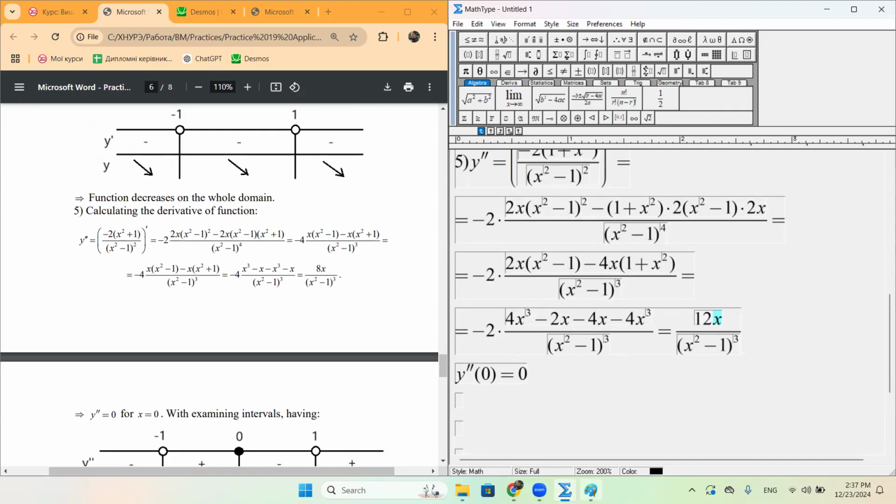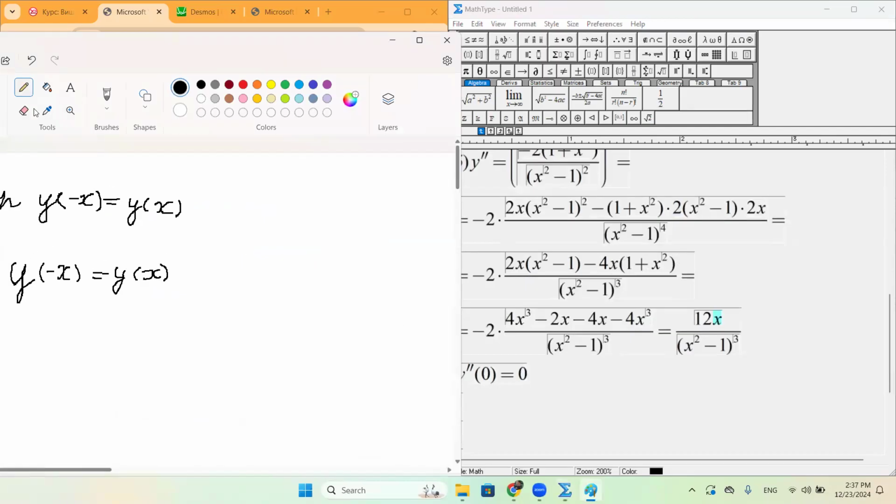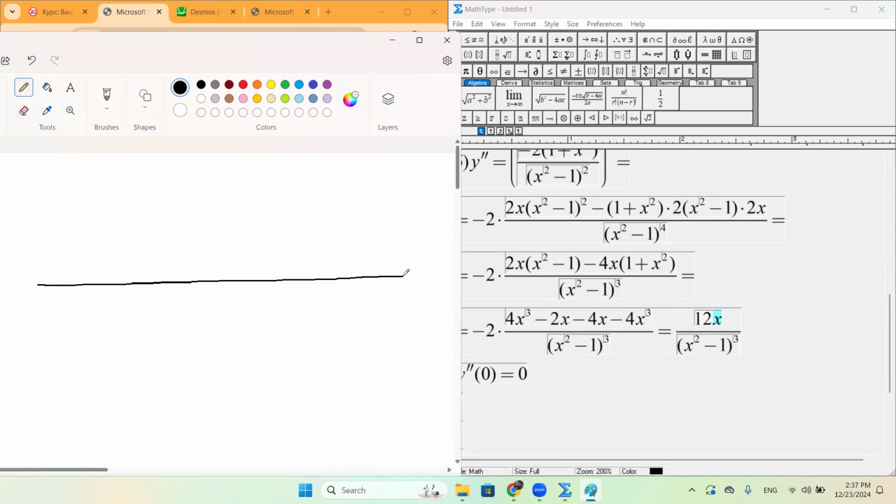Oh, no. First of all, let's investigate the behavior of the second derivative, and then we'll say anything about inflection points. So first of all, critical points such as -1 and 1, don't forget about them, and the 0 is included.